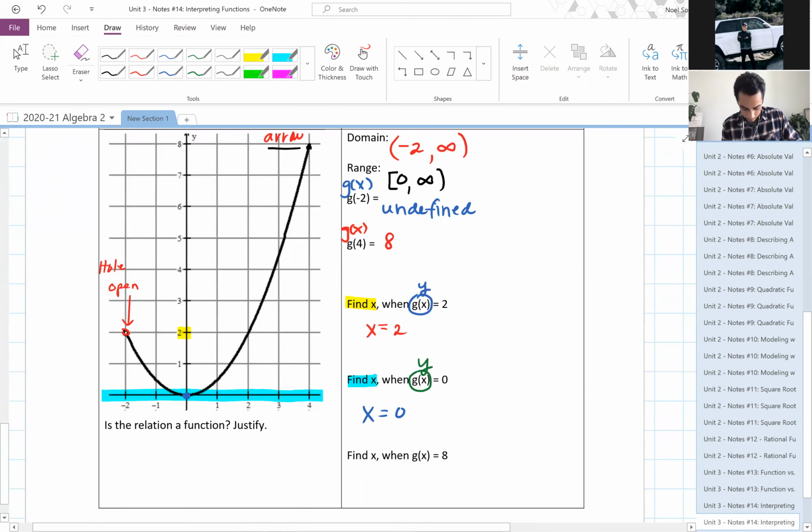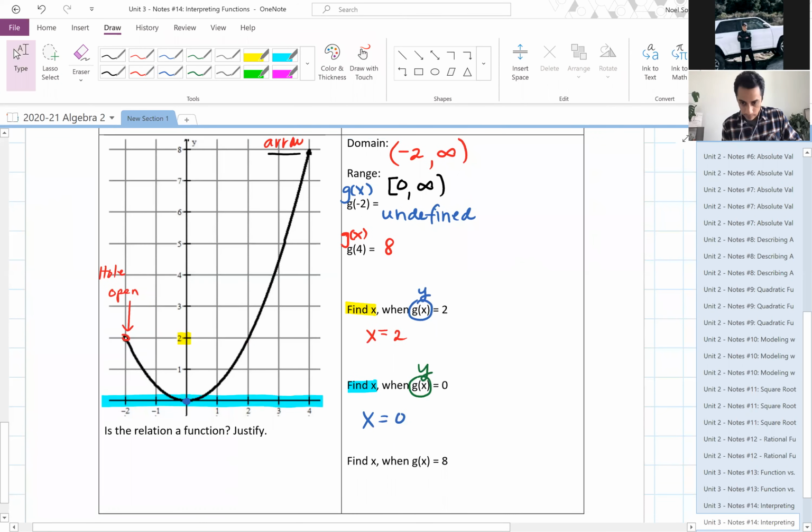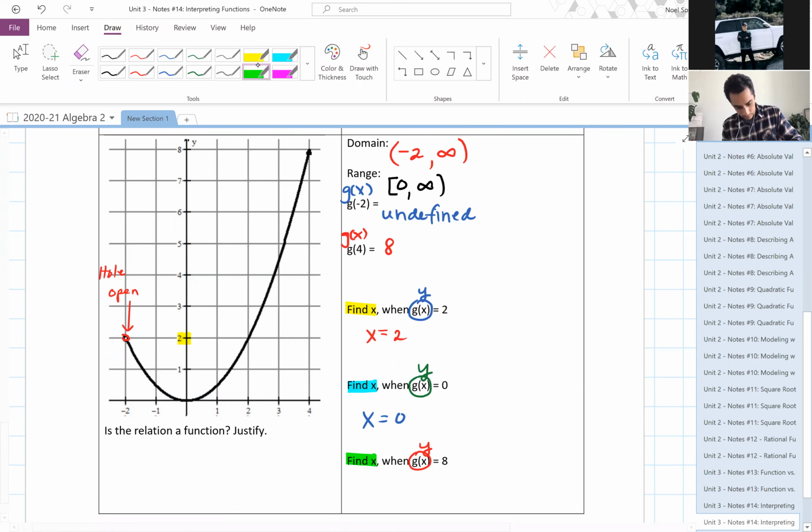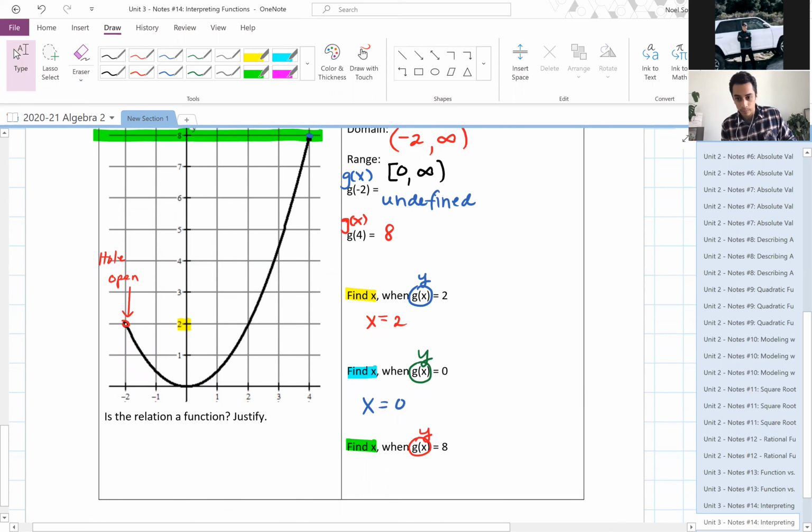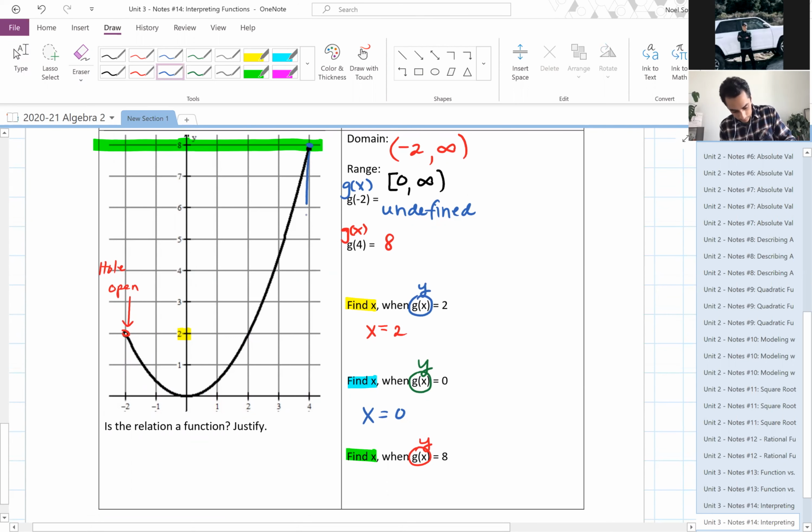All right, and then finally, find x when y equals 8. So up here, when y equals 8, draw your line. I see that there's the point right there, which means what is the x value? Yeah, the x value would be 4, right? Got to go all the way down, find that x value. x is 4.